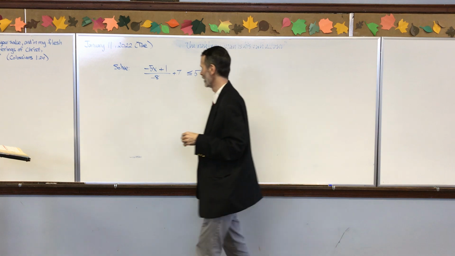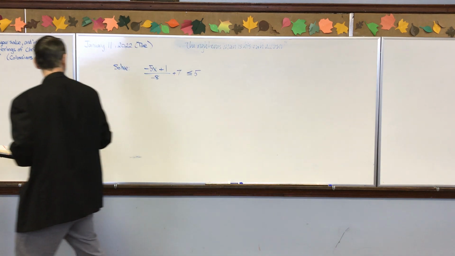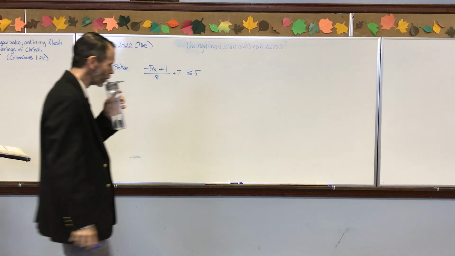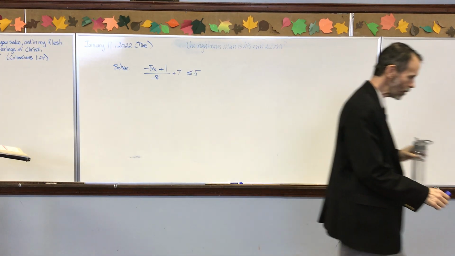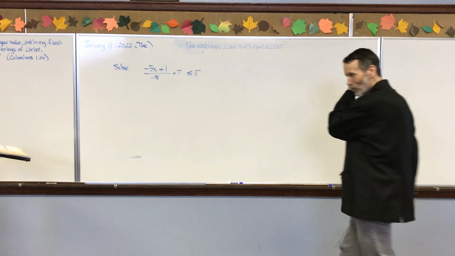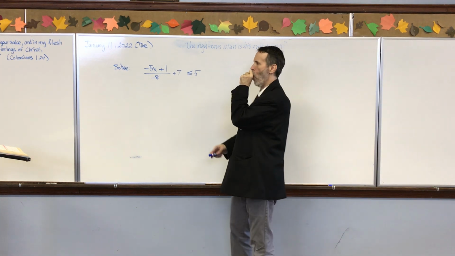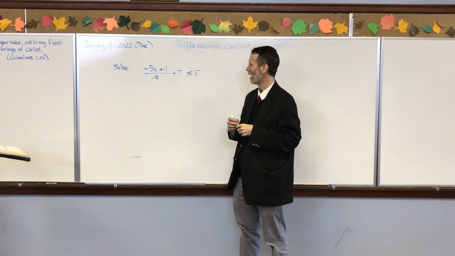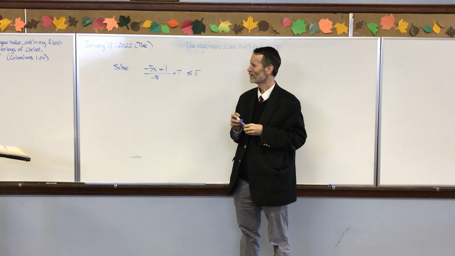Negative 5x plus 1, all divided by negative 8, with plus 7 afterward, is less than or equal to 5. And I'd like you to solve that for x. Now, there are two ways to do this. I'll show you both.